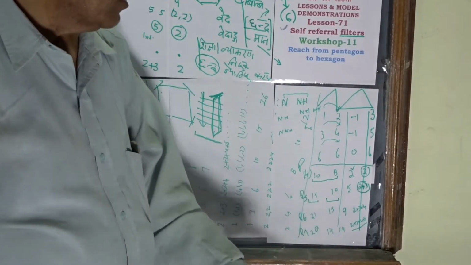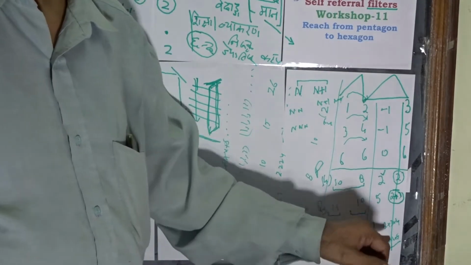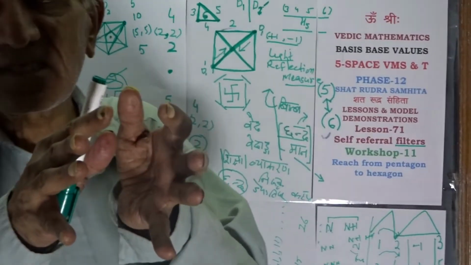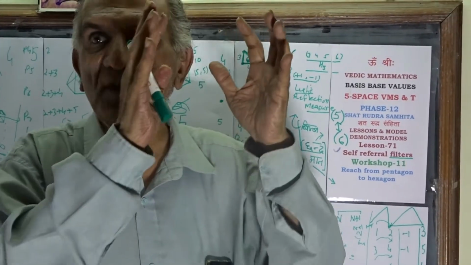It is this difference value which remains constant. It gives us the structural setup of the polygons.